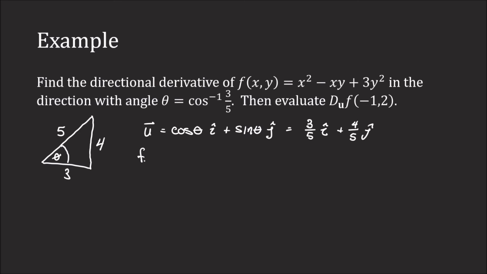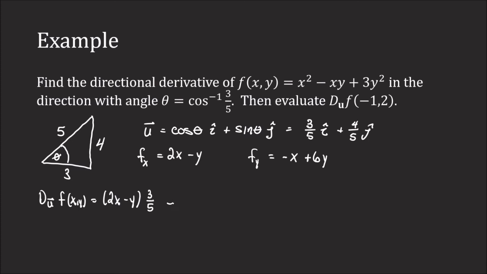Now we take f sub x, which will be 2x minus y, and f sub y would be negative x plus 6y. So our directional derivative would be f sub x times the 3/5 plus f sub y times the 4/5.